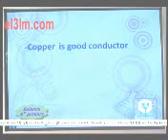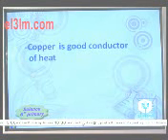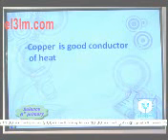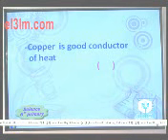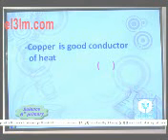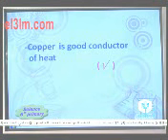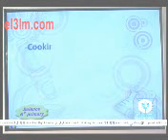Copper is a good conductor of heat. The answer is right, because copper is a metal and all metals are good conductors of heat. Cooking pots are made of wood.